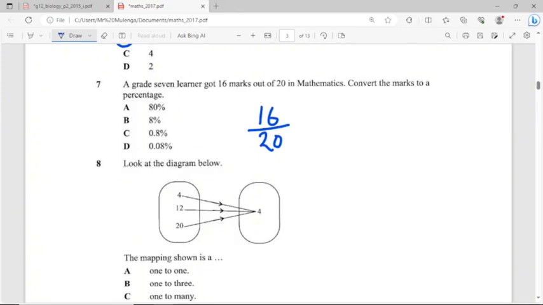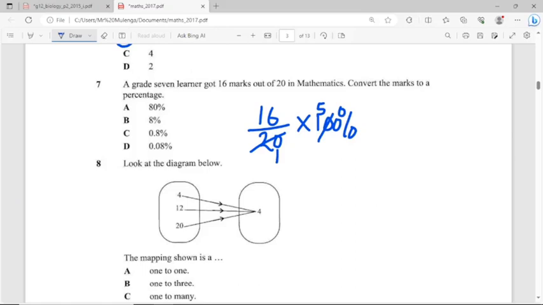So since you have written 16 out of 20, in order for you to change this fraction to a percentage, you are just going to multiply this by 100%. Okay, then from here you can cancel this 20 into itself with 1. 20 into 100, it goes there 5 times.